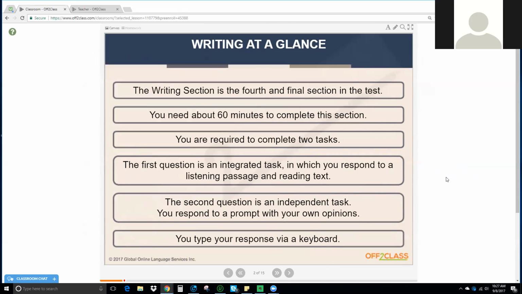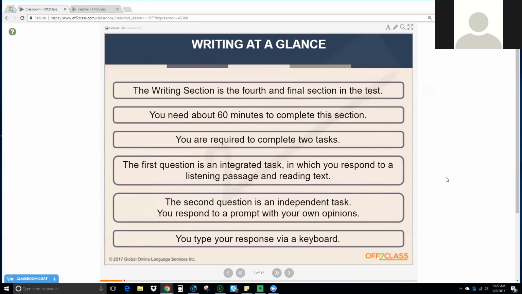One is called an integrated task or an integrated question. And the other is called an independent question. Now, in the integrated question, you will either be listening or reading. So you're also using those skills when you complete the writing part of the exam.